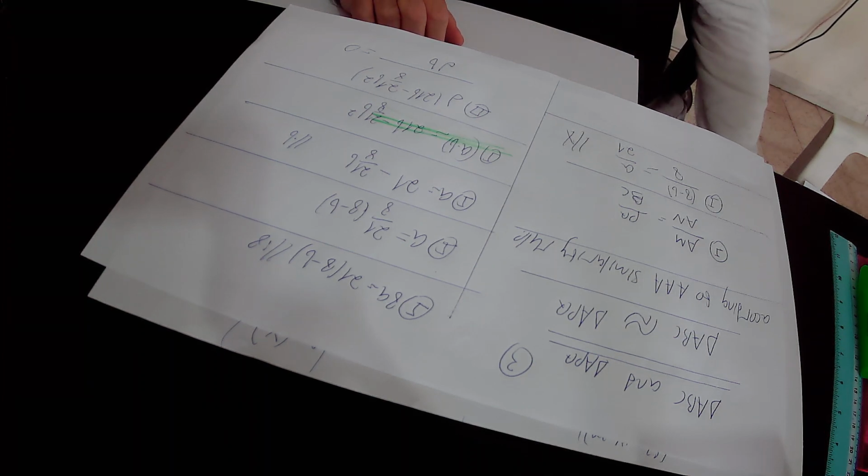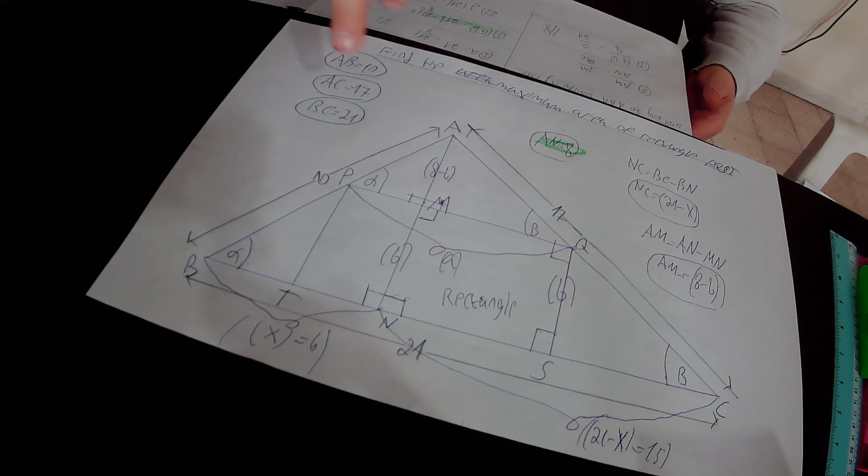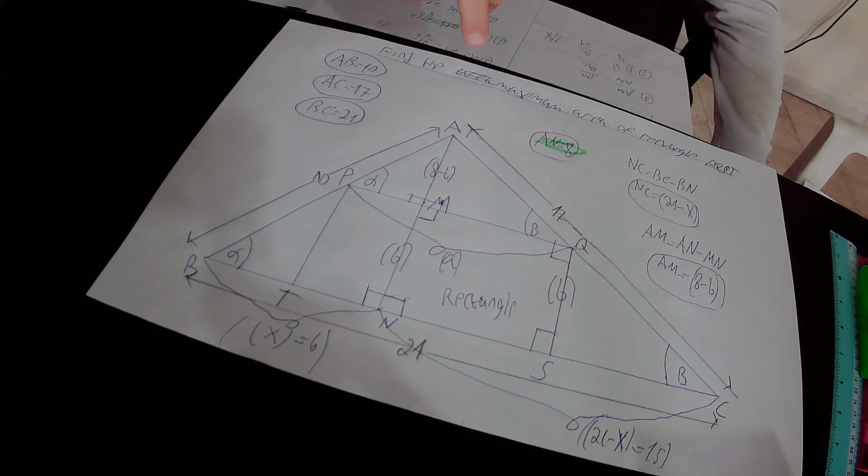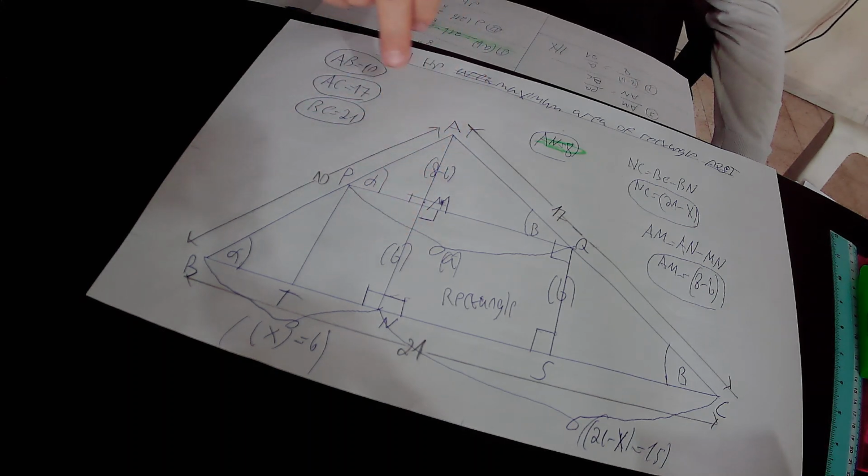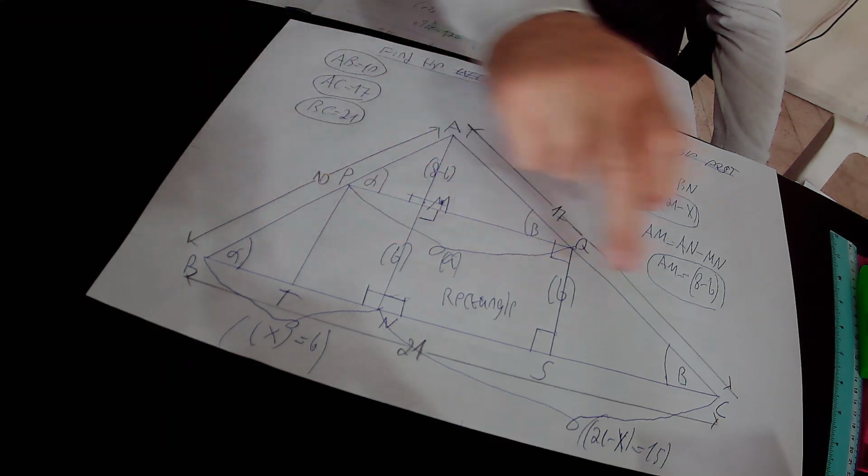And whenever you have two similar triangles, the ratio between their corresponding heights must be equal to the ratio between their corresponding sides. So, in the two similar triangles ABC and APQ, the height AM in the small triangle over the height AN in the big triangle must be equal to side PQ in the small triangle over side BC in the big triangle.